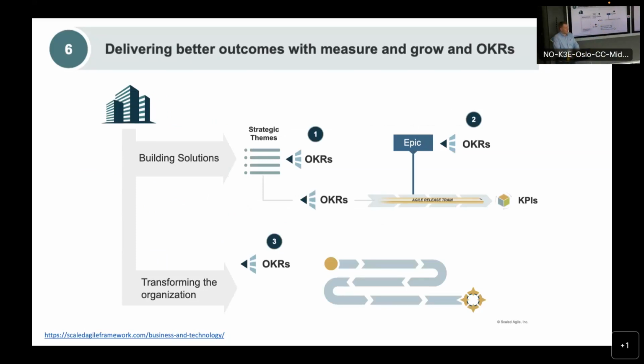So OKRs aren't just one possibility, they're a pattern or a way of doing things that can be used in several of them. It doesn't mean you have to do it, but it can be a good approach for measuring the objectives and seeing the results.